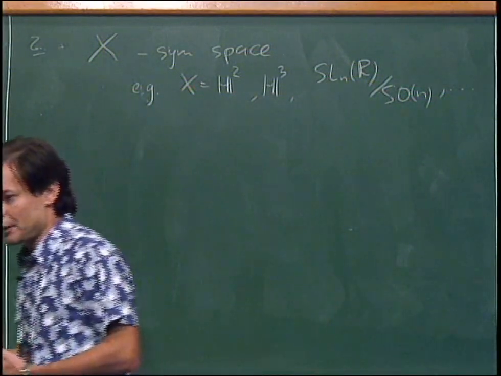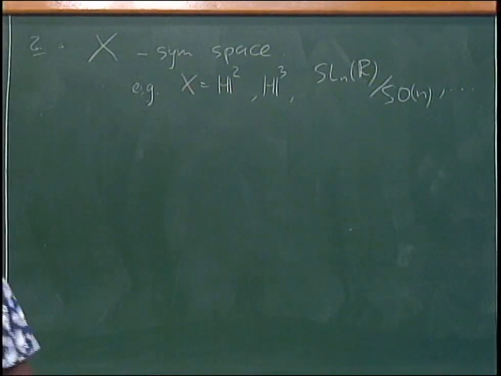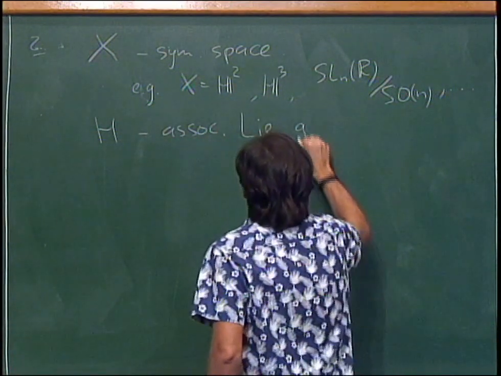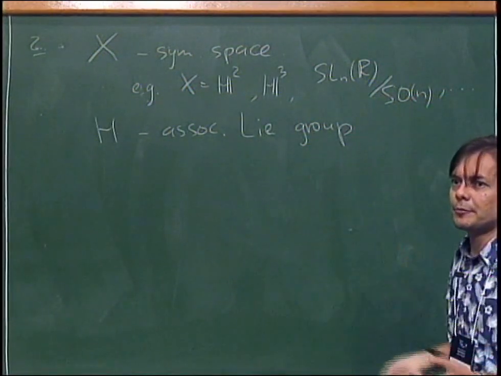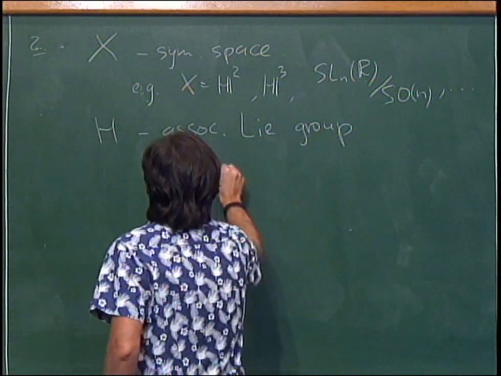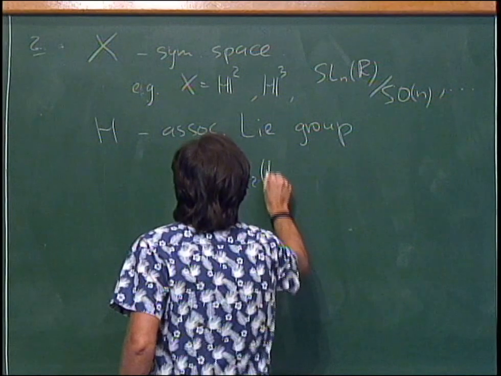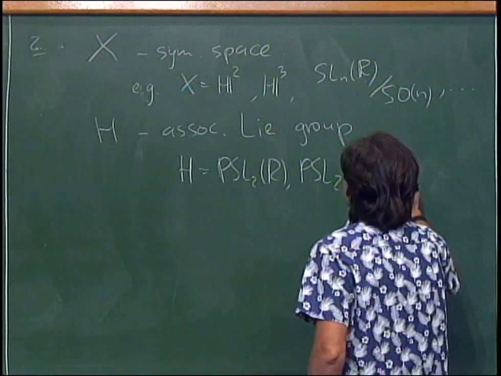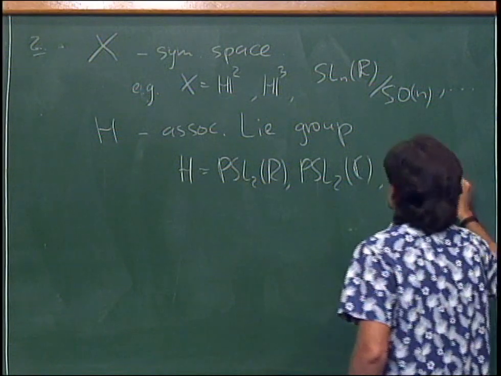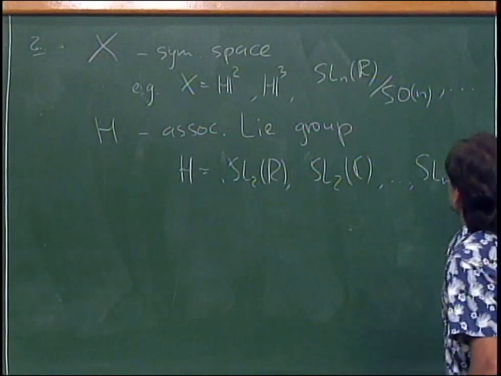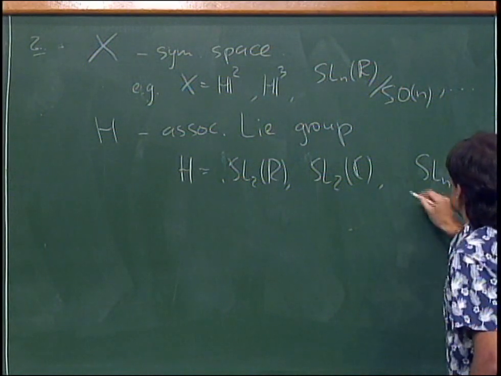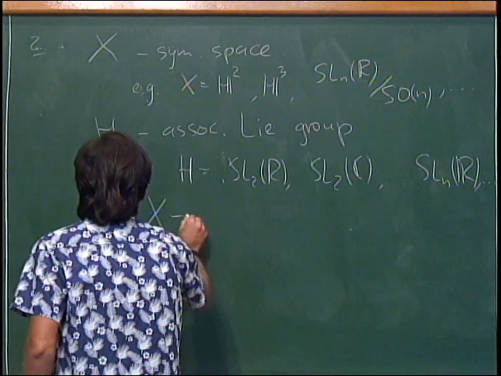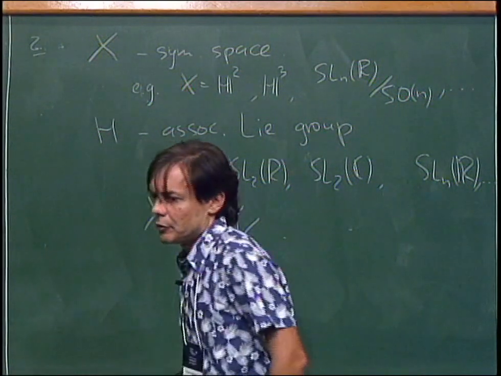So to each symmetric space, we have corresponding Lie group, H, say, associated Lie group, which is up to a finite index, is just a group of isometries of this space X. So in particular, in these examples, we have PSL2R, PSL2C, say SLN, I could actually do without P, SLN R. This is the third example, and etc. And the space X is just the group modulo maximal compact subgroup.